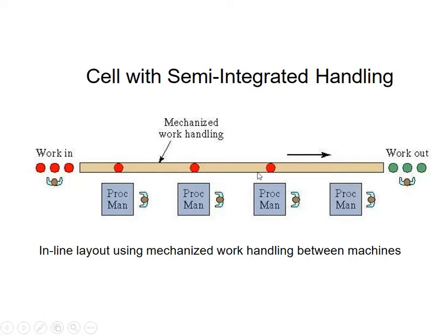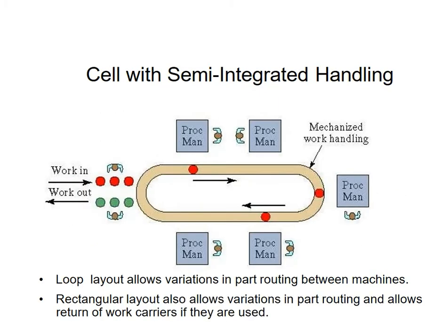Here we can see an example of belt drives. In that way it will complete the work by coming in over here and going out over here after completing all these manufacturing operations. We call this an inline layout. This particular example is nothing but an inline layout with mechanized work handling between the machines.